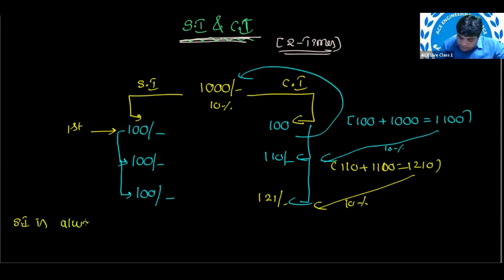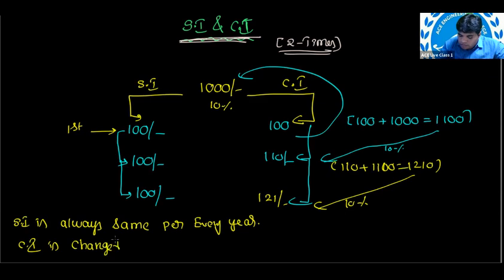So the conclusion: simple interest is always the same per every year. But compound interest is changed per every year. This is the main difference between SI and CI.